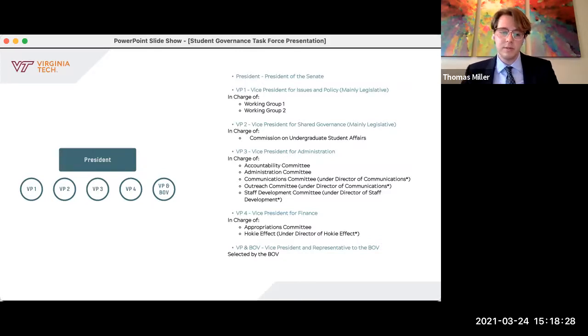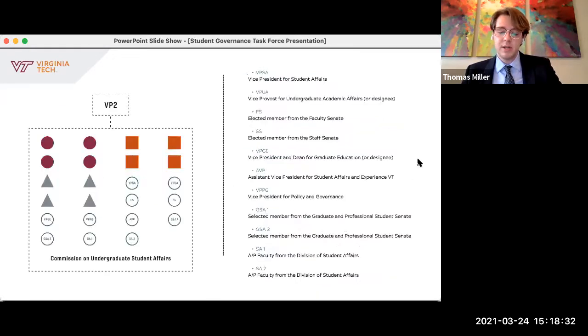Next, I would like to zoom in on the commission. The commission is a very special body, and the transition team will be working on defining more specifically how it will function and what it will do. I can tell you broadly, it will have equal representation from the 3 different types of student senators.